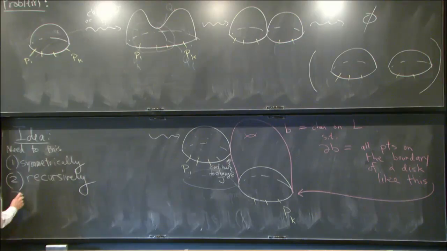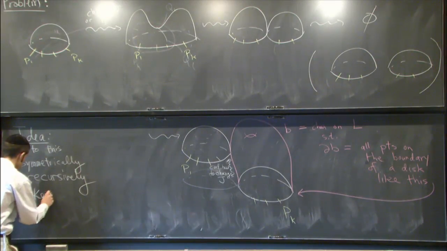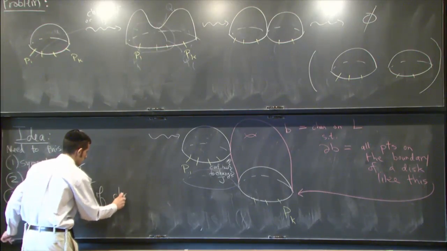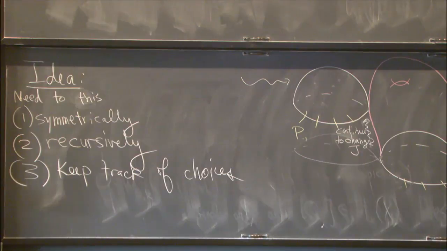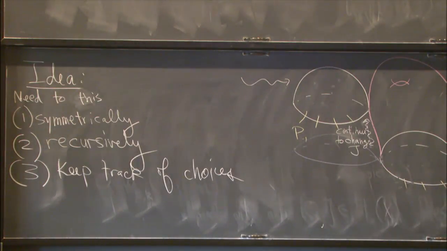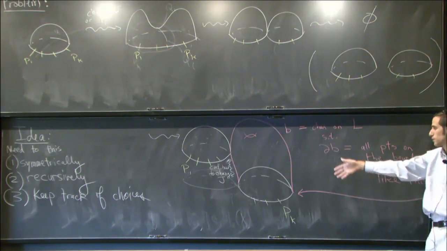And third of all, you have to keep track of all the choices you made. When you choose this bounding chain, there's a huge number of possibilities. You just choose some chain on L whose boundary is determined.